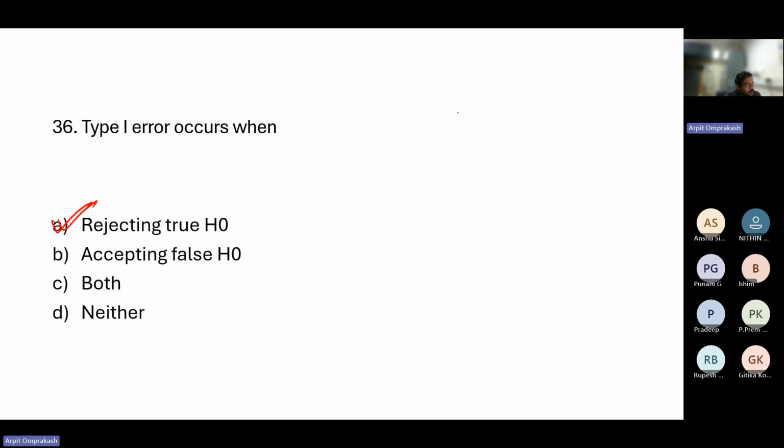So let's say you have the truth, which says H naught is true, H naught is false. Then you have the decision based on your test. H naught is true, H naught is actually rejected.